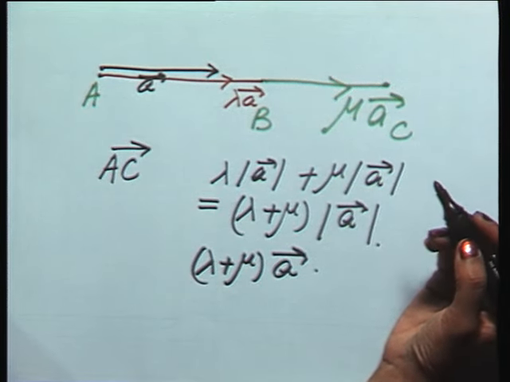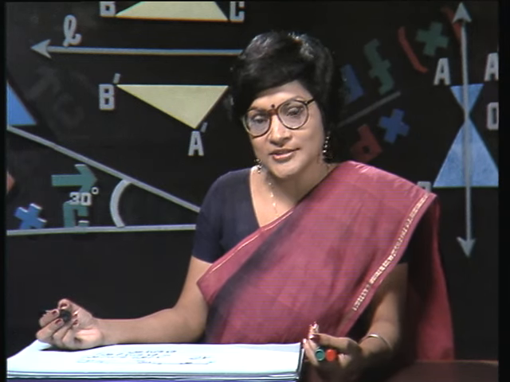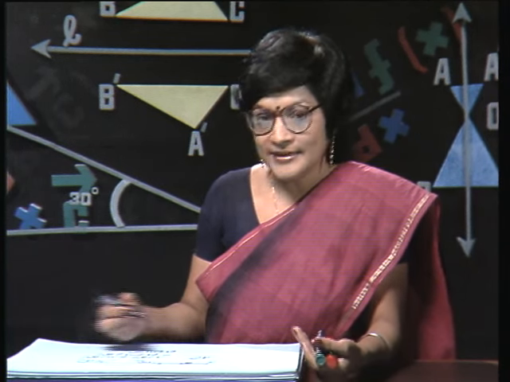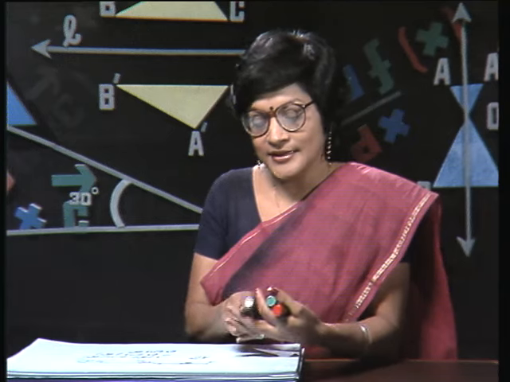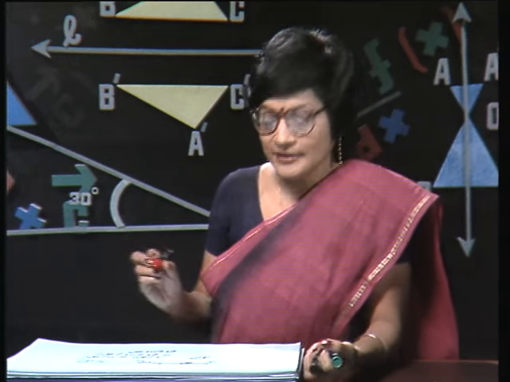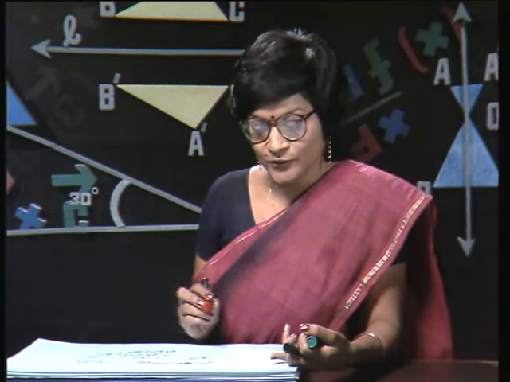And so, in the case lambda and mu are both positive, we have seen quite easily that this property is true. The other cases, although slightly cumbersome, are not difficult to prove at all.